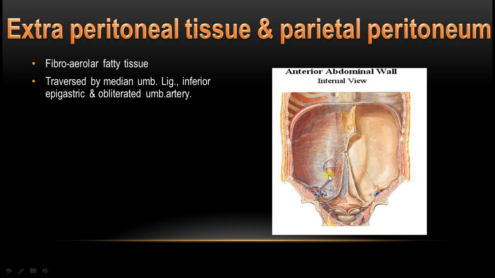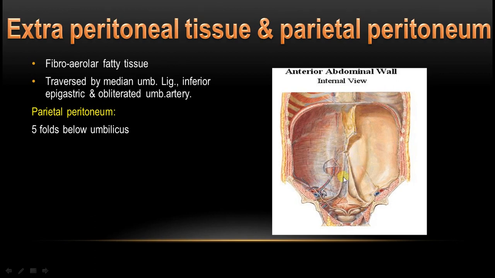so they are to be precisely considered as extraperitoneal. This extraperitoneal tissue is actually traversed by the median umbilical ligament, the obliterated umbilical artery formed by the medial umbilical fold, and then the inferior epigastric artery. Deep to the extraperitoneal tissue, what you have is the peritoneal folds.